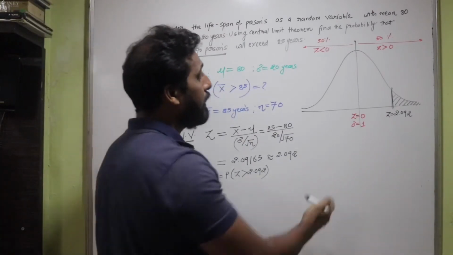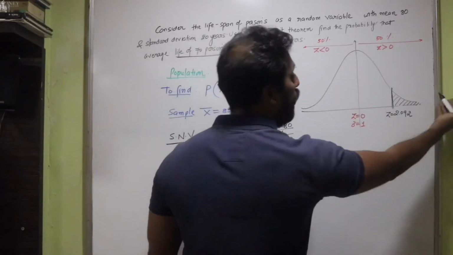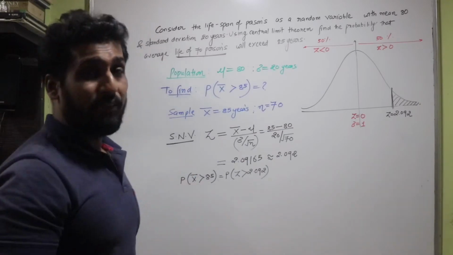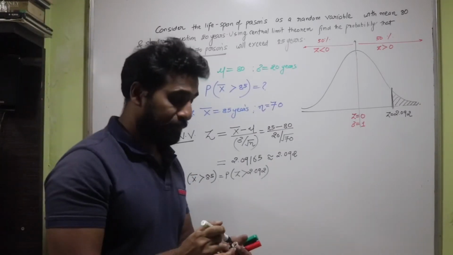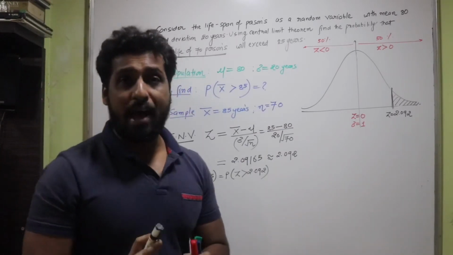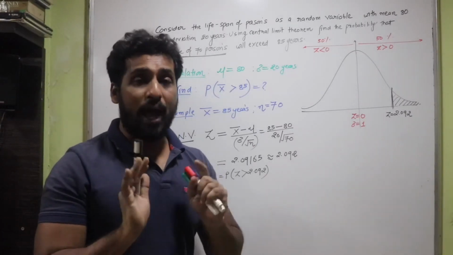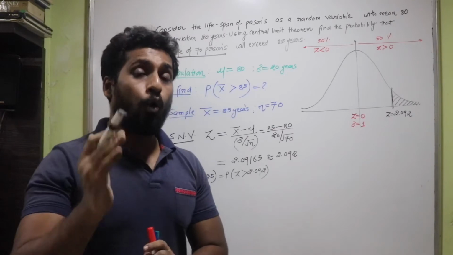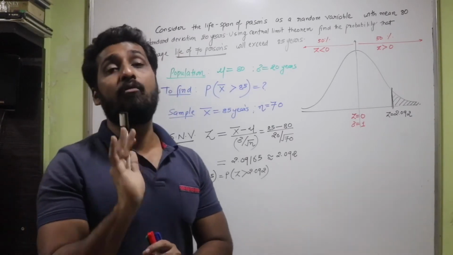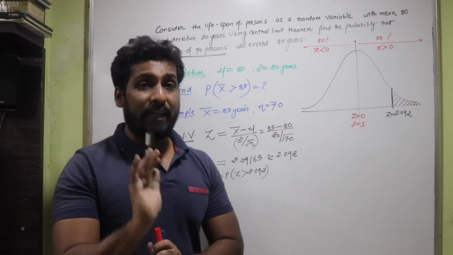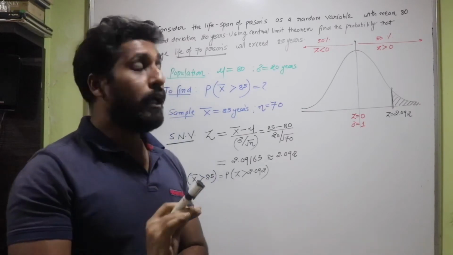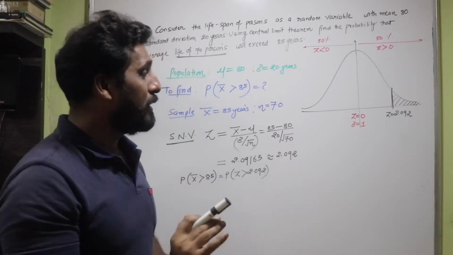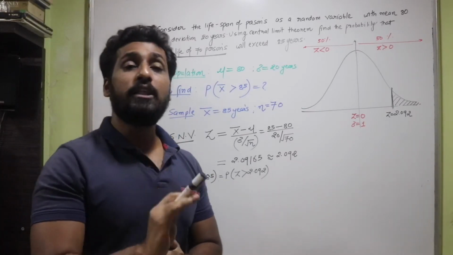Now, as I said, from Z equal to 0, on the right hand side there are 50% values. Note this thing very properly. The table will always give values starting from 0.0, and it will keep on going up to 3. The maximum value that the table can give us is 3, and the 50% values, that means the probability, will go up to 0.5.